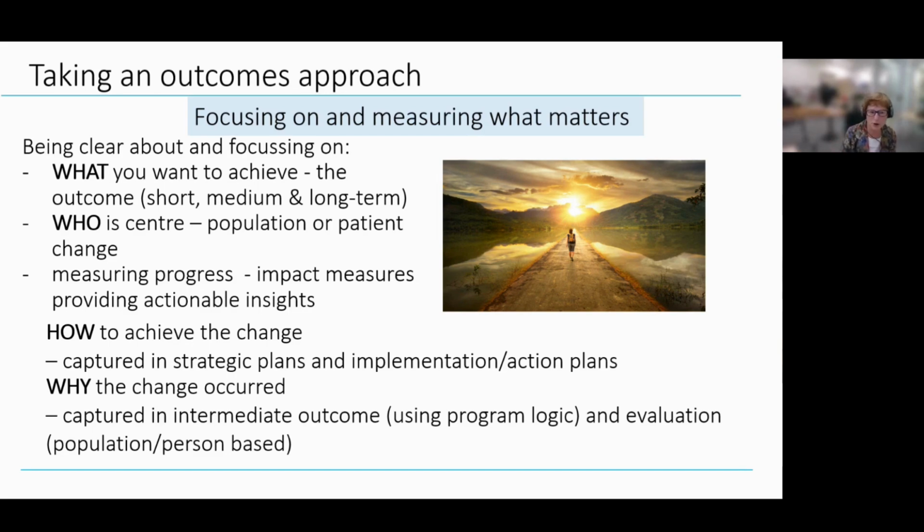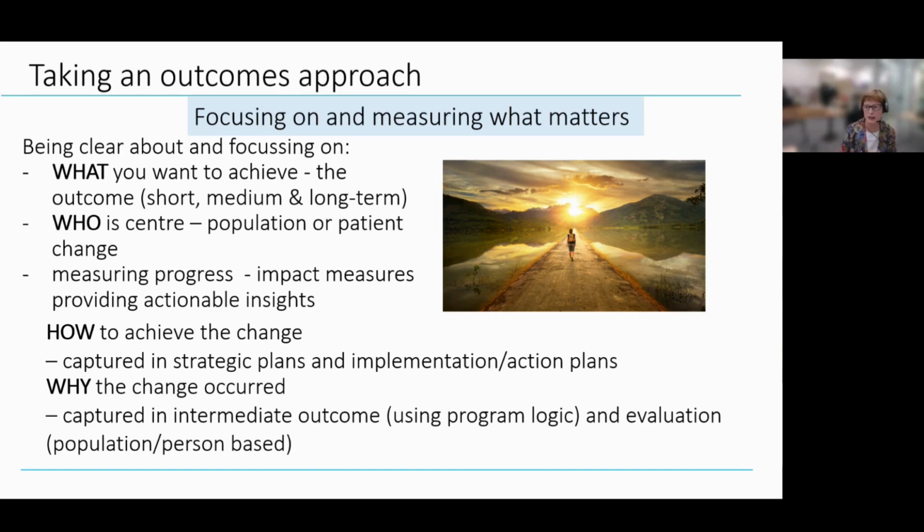So an outcomes approach requires that you be really clear about and focus on what you want to achieve. And that can be in the short term, the medium term, or the long term. But exactly what do you want to achieve? It requires you to determine who or the population group, which is at the center? And speaking in a health context, is it about the population broadly?